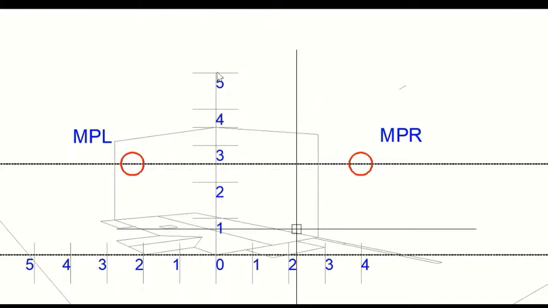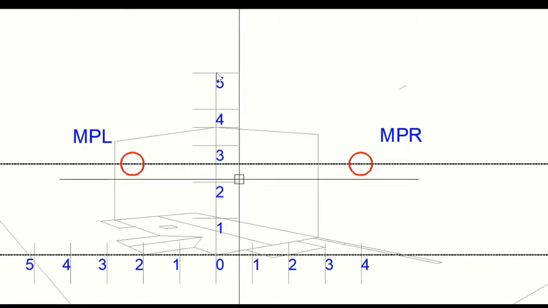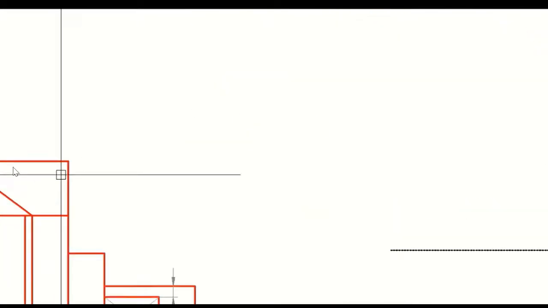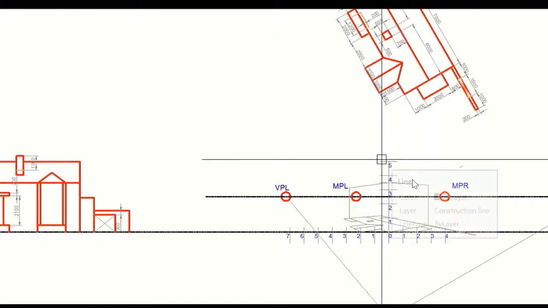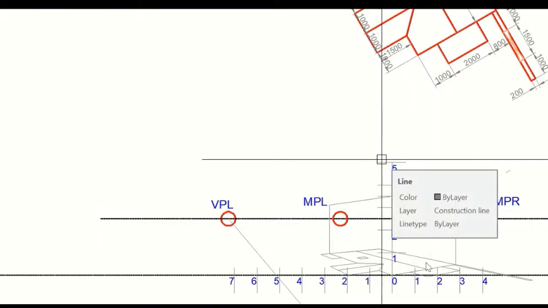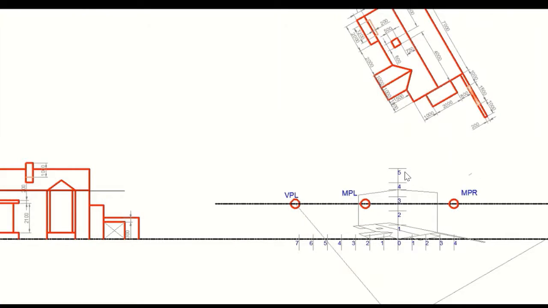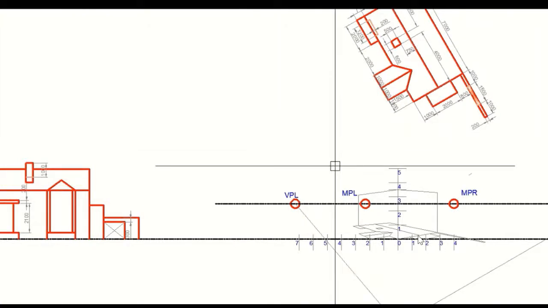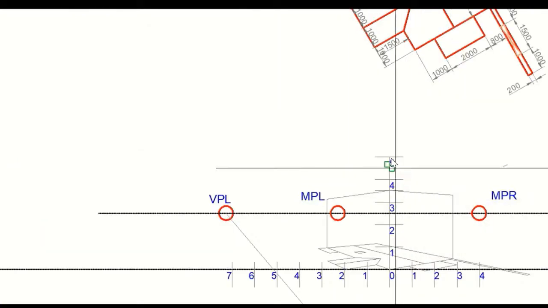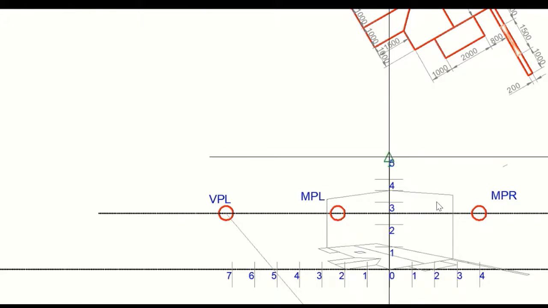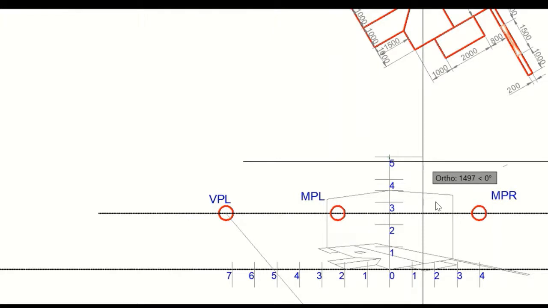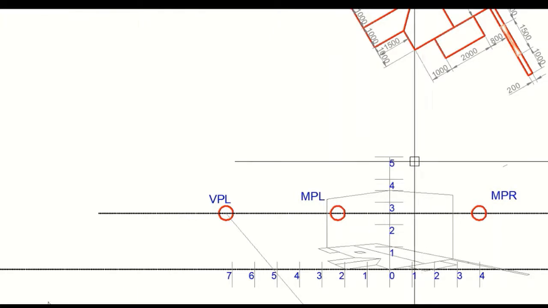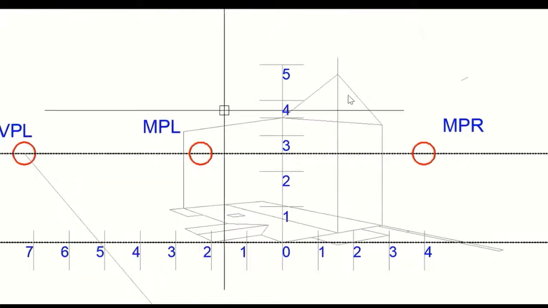Now 1.5 meter is the length of the slanting roof. This roof, this roof. So we'll take height from this point, but this height is from this point. So we'll take this point, join here, take this line, match this line to the vanishing point. Like this.